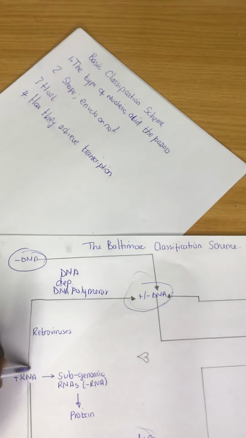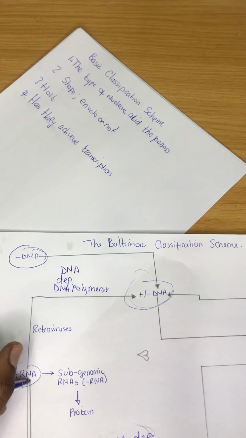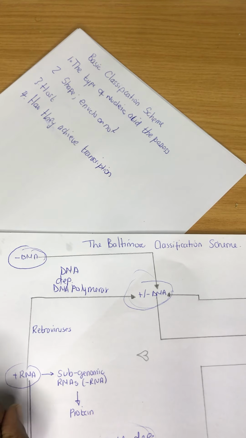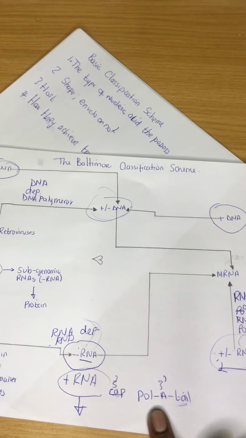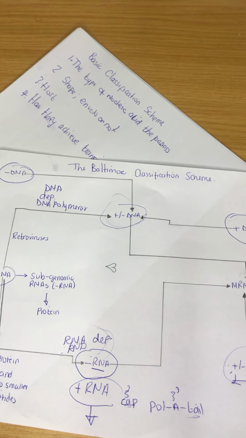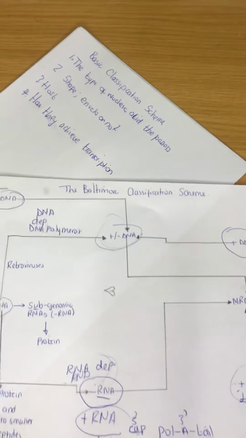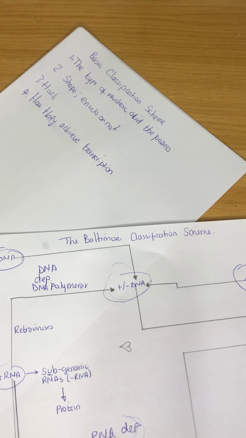So now we're going to positive RNA viruses. These ones are directly recognized as mRNA also. Why? Because they have the poly A tail and the cap. So they are translated to protein. So that is the mRNA. But how about subgenomic RNA? RNA dependent RNA polymerase is going to copy a complementary strand.